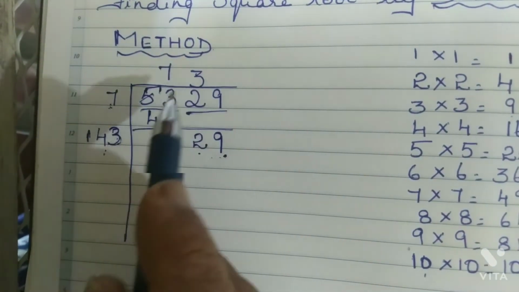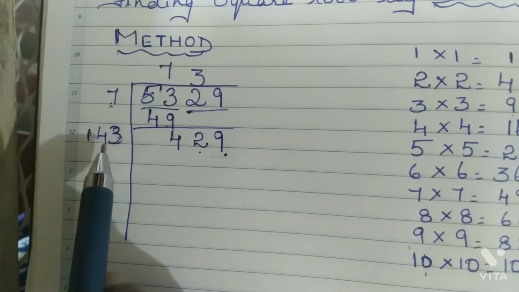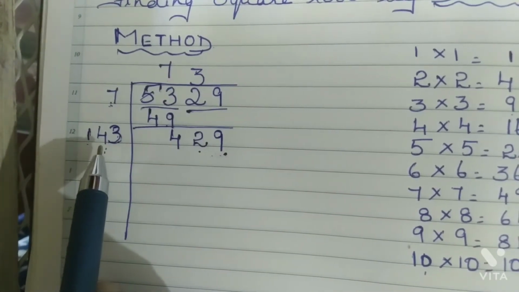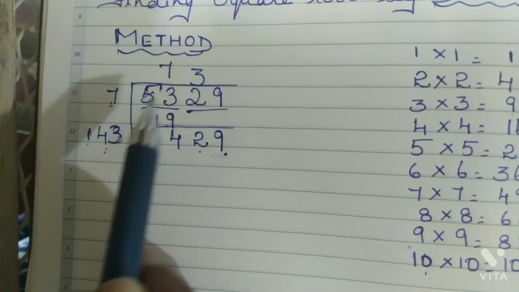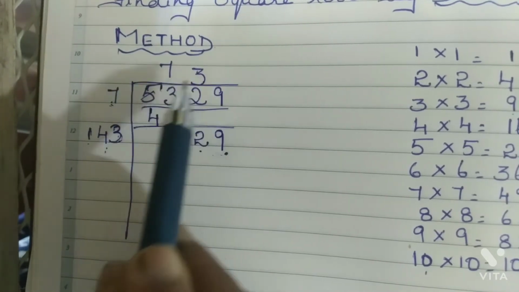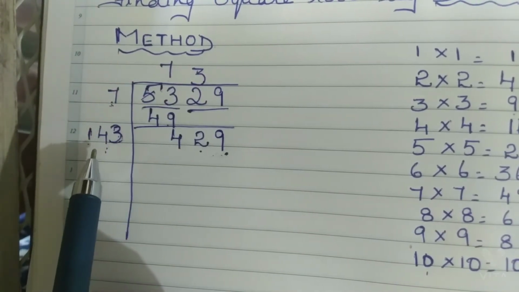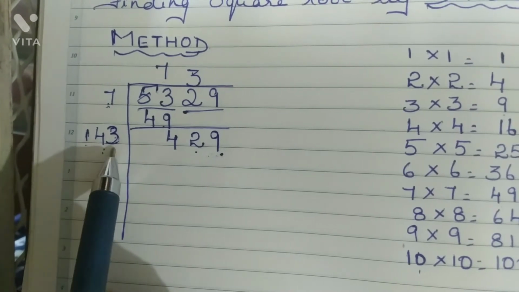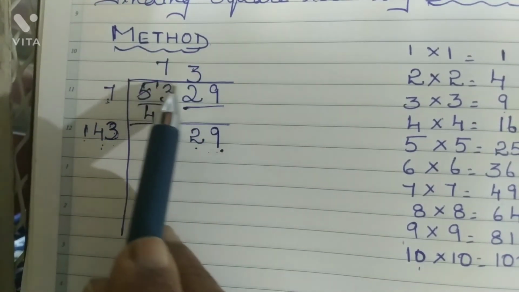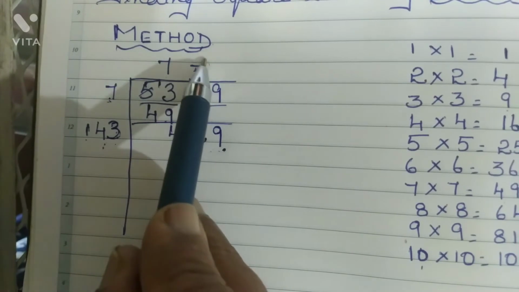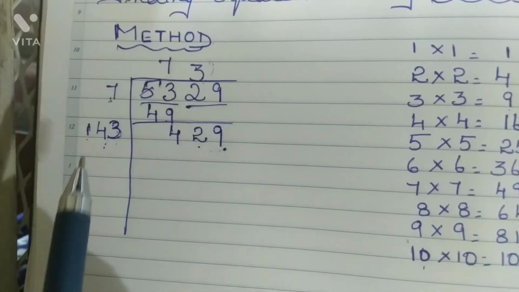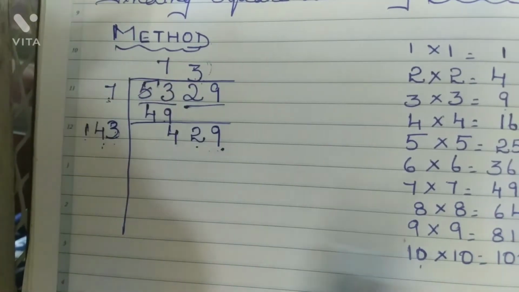After taking the square, we multiply this 143 into 3. Please note that you should not multiply this whole number with this whole quotient. It is only with the 3 you multiply. So 143 into 3.